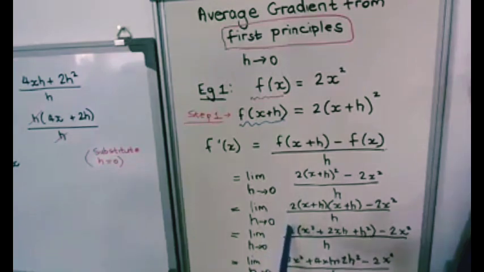Then the 2 is outside there, I've done my FOIL. So it would be 2x squared plus 4xh plus 2h squared. That's that first part, minus 2x squared over h.